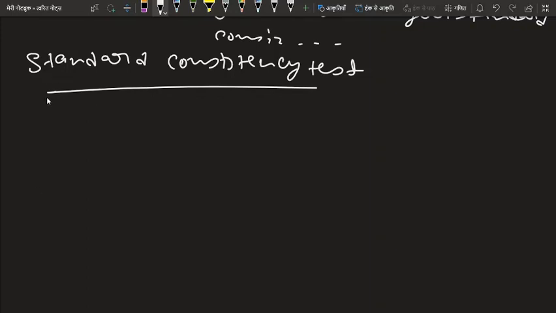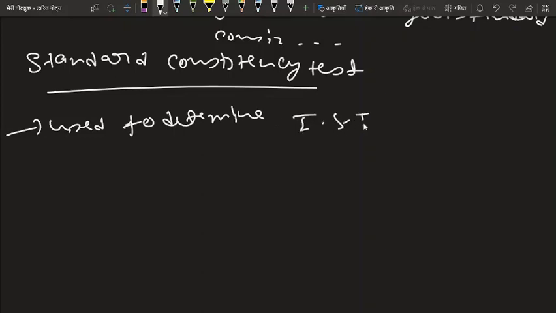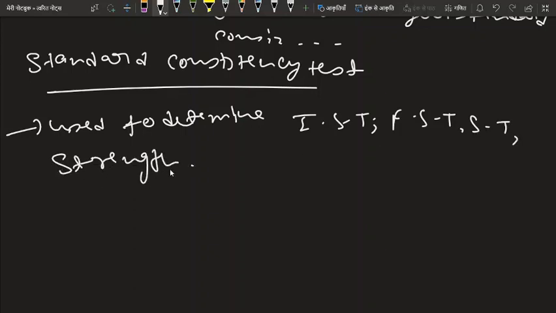This standard consistency test is to determine initial setting time, final setting time, soundness, and strength.